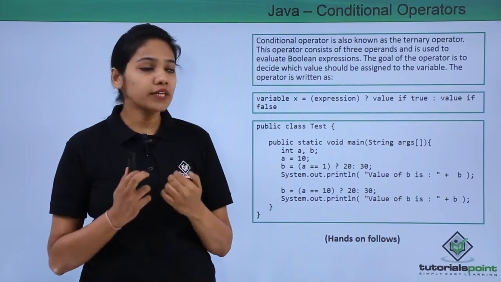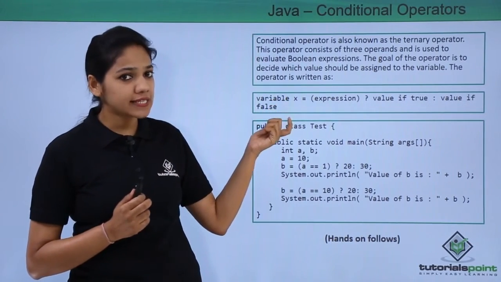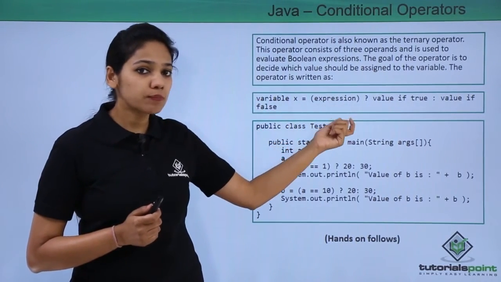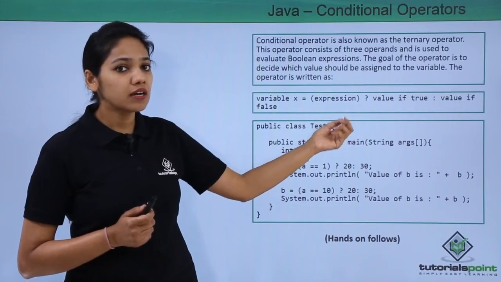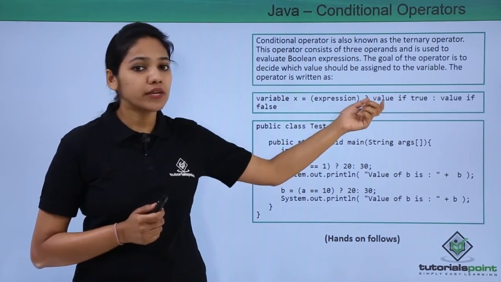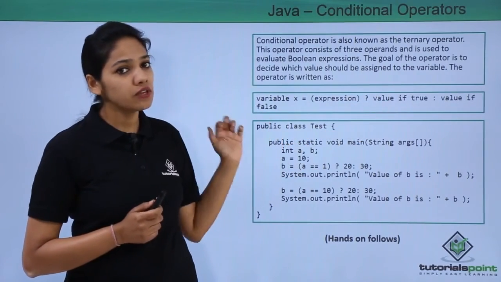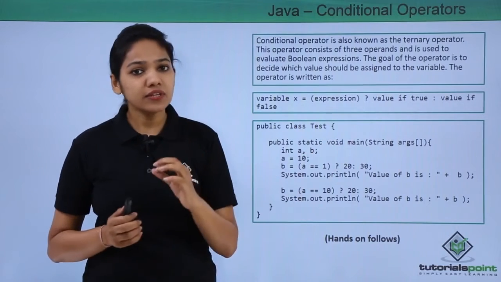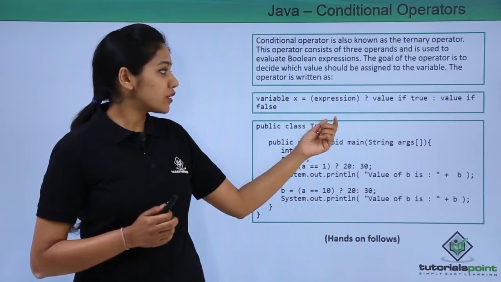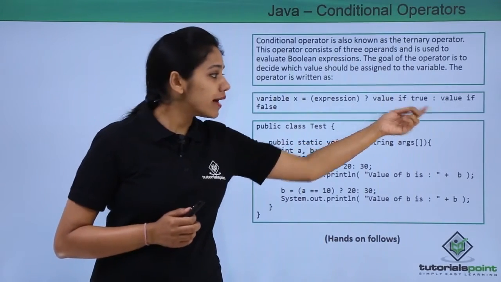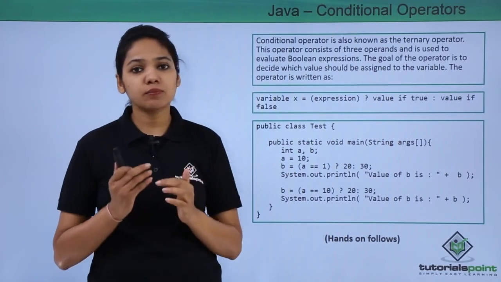So let us see what happens, as we have a syntax here which says variable x is equal to expression question mark value 1 colon value 2, where value 1 is for true and value 2 is for false. What it means is you can consider these as three expressions: expression 1, value if true is expression 2, and value if false is expression 3.